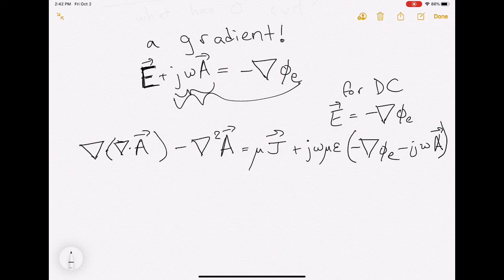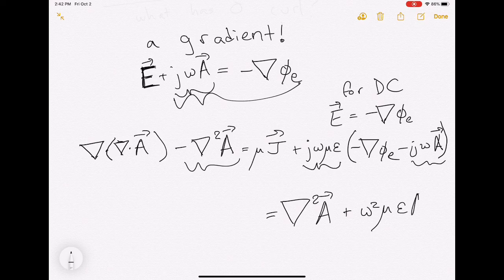The next thing we do is multiply out j omega mu epsilon times j omega A. We're going to put that term and this Laplacian term both on the right-hand side. So some stuff is going to equal the Laplacian of A plus omega squared mu epsilon A. Oh, hey, that's the square of the wave number. That's a k squared right there.